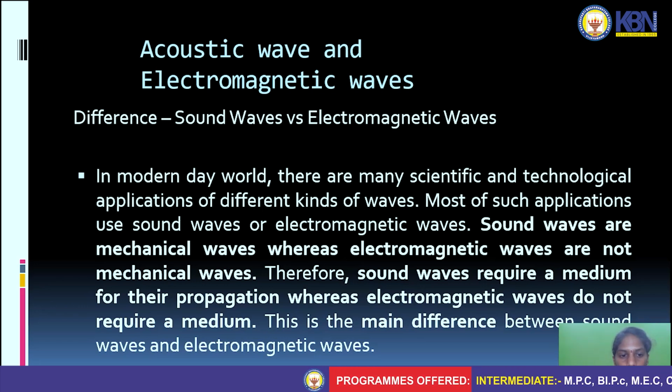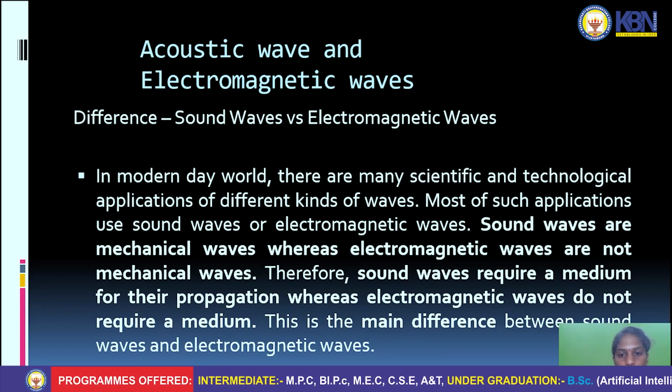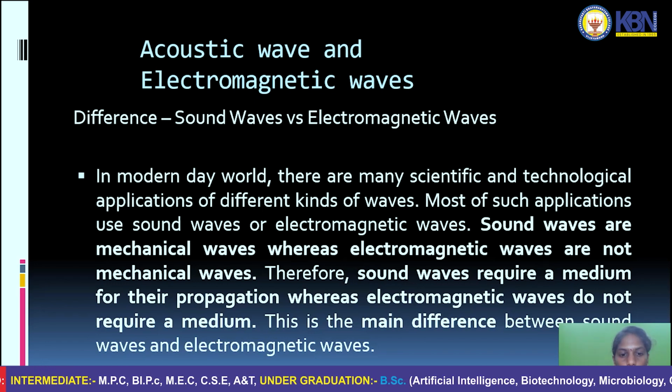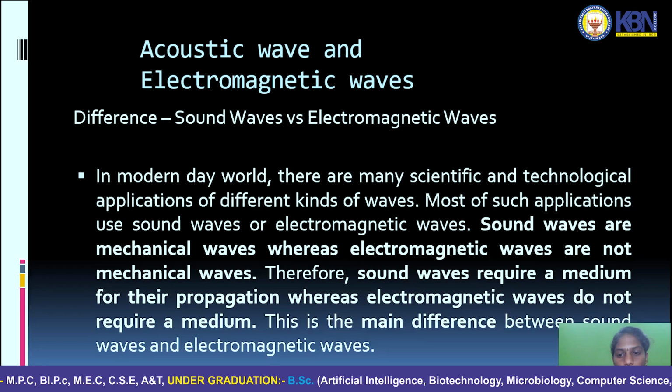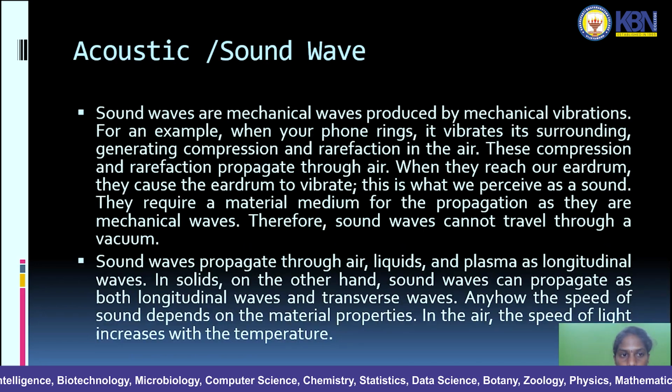Sound waves are mechanical waves, whereas electromagnetic waves are not mechanical waves. Therefore, sound waves require a medium for their propagation, whereas electromagnetic waves do not require a medium. This is the main difference between sound waves and electromagnetic waves.